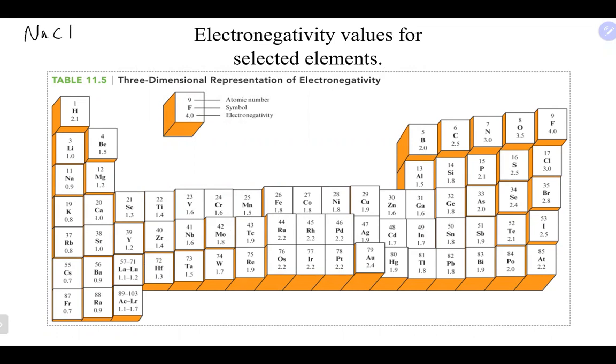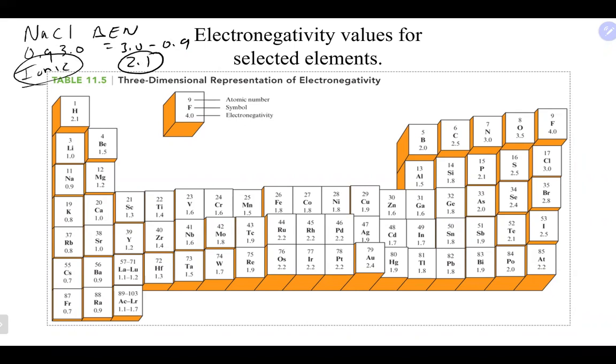Sodium's value is 0.9. Chlorine's value is 3, I think. So the difference in electronegativity would simply be 3 minus 0.9. That is 2.1. That is over 2, and it tells you that this bond is going to be ionic.